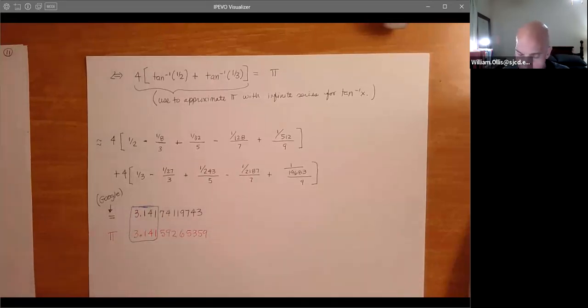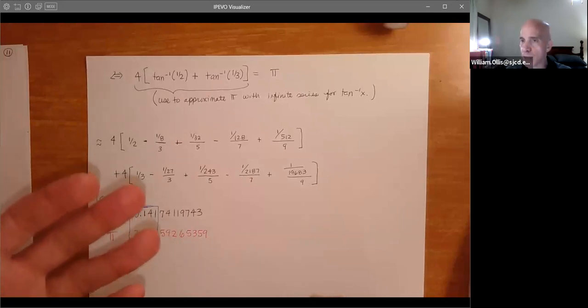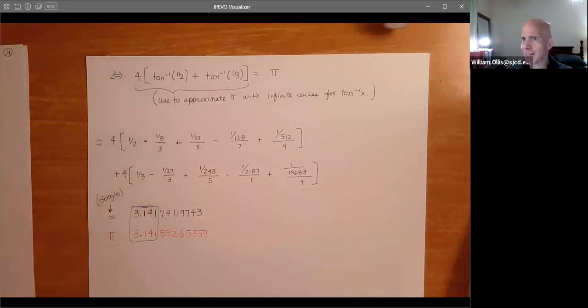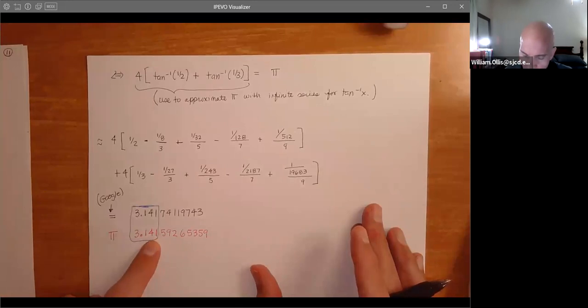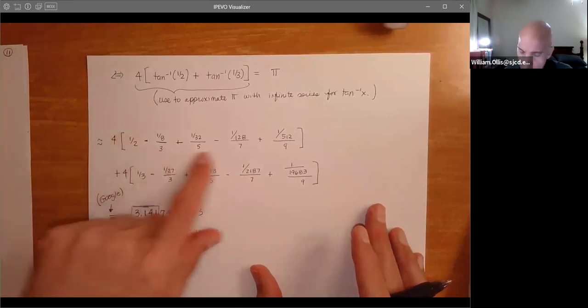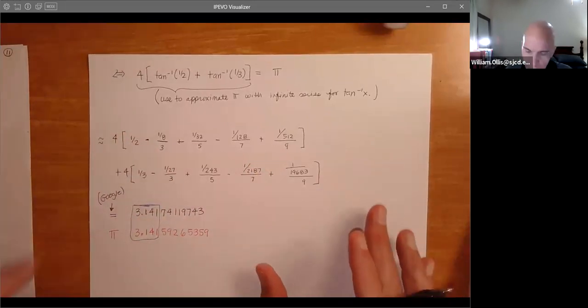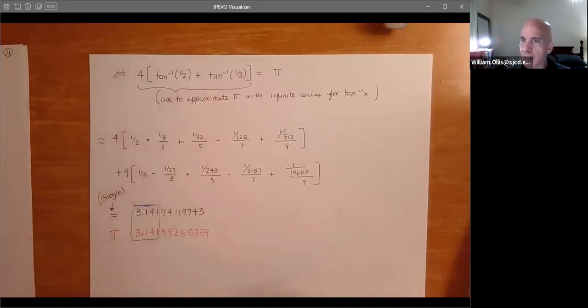So the idea here is that if you just use the series as it is, you may need to develop up to 100, 200 terms just to get maybe 1 decimal place, which is crazy. That's insane. So here what we're seeing is that we're securing 3 decimals with just these few terms using this remarkable identity. So when I say that the pre-calculus is tantamount to doing calculus, I mean it.